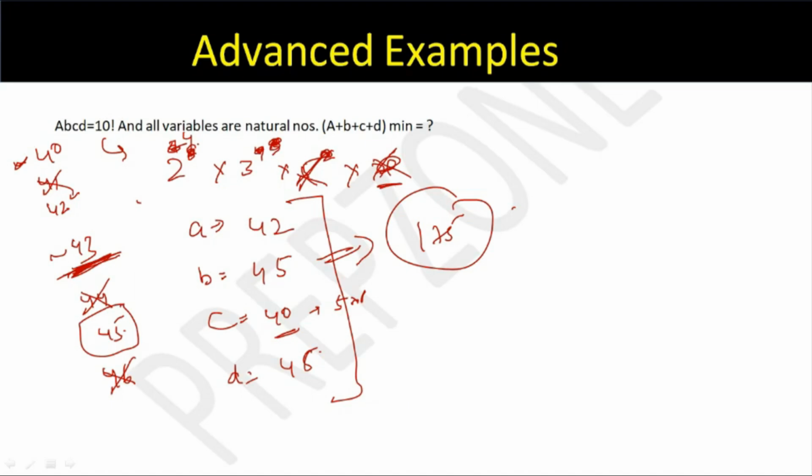You got 178, but you were not sure whether any other combination could give you less than 178. Here, at least you know that if this question comes in CAT, it will take minimum 1.5 to 2 minutes. At least I would have left it in round 1, because I know it's going to be time consuming. So maybe I would attempt it in my round 2.